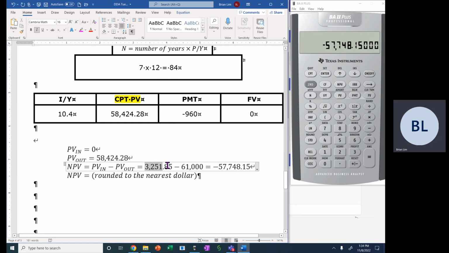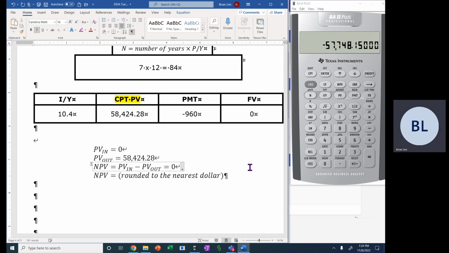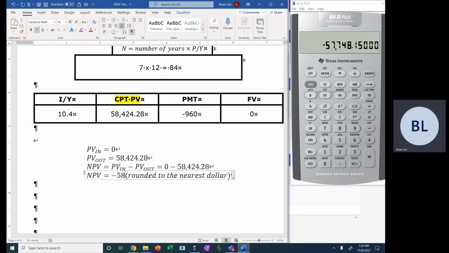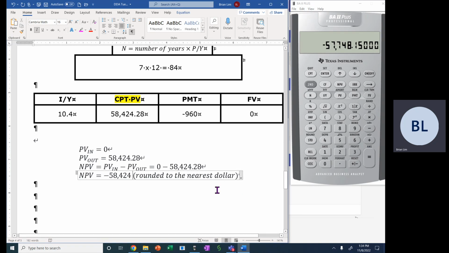So the in is 0, right? Let's wipe this out. So the in is 0 and the out is 58,424.28. All right, so the net present value would be negative 58,424. All right, that is the number, and this is the answer right here.